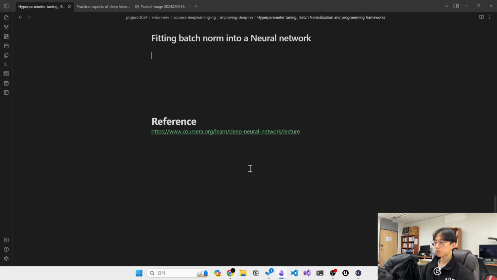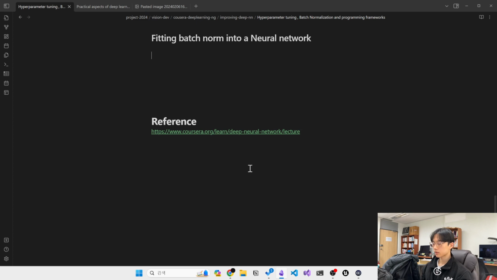So if you were not applying Batch Norm, you would have an input X feed into the first hidden layer and then first compute Z1. And this is governed by the parameters W1 and B1. And then ordinarily, you would feed Z1 into the activation function to compute A1.